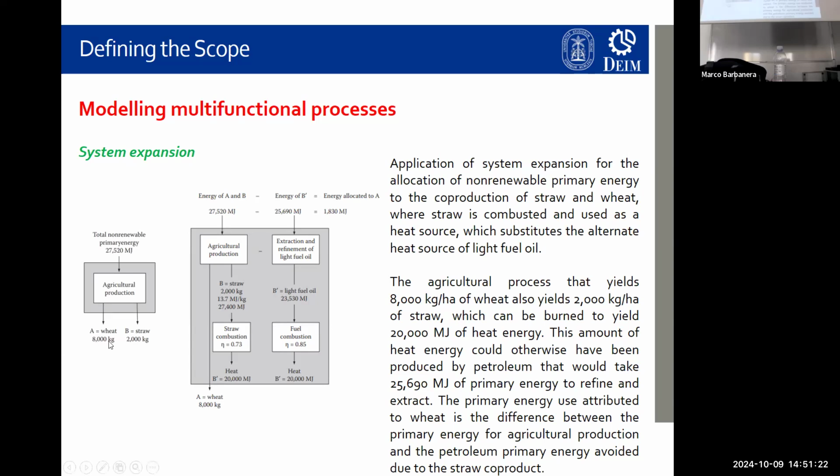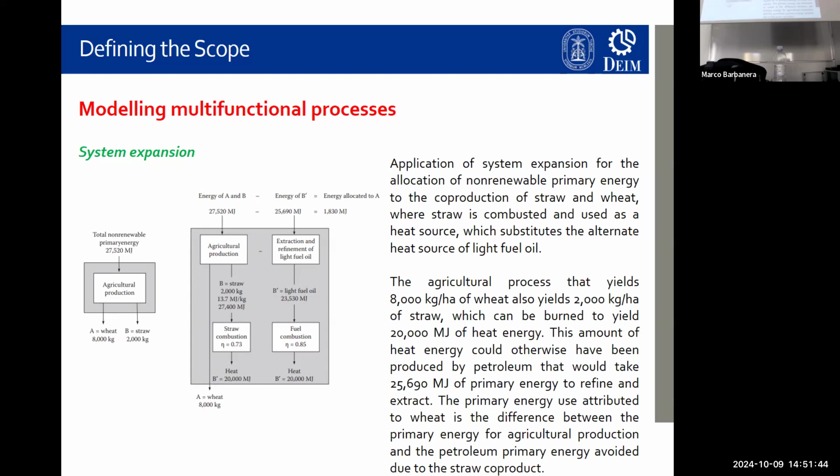So in this example, you have 8 tons divided by 10 tons, and you obtain 80%. 80% is the final result of the calculation.